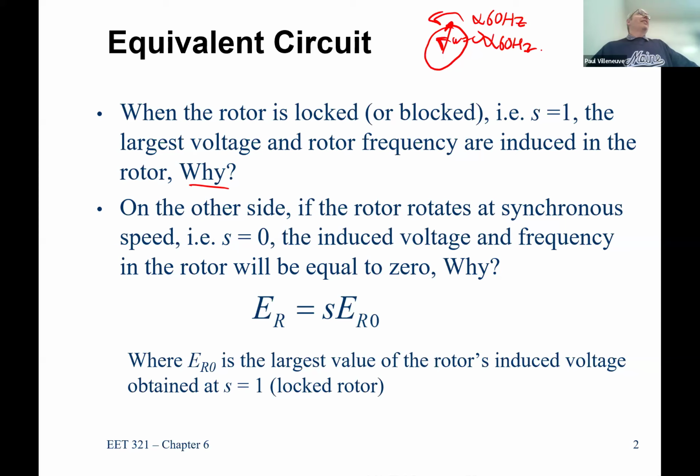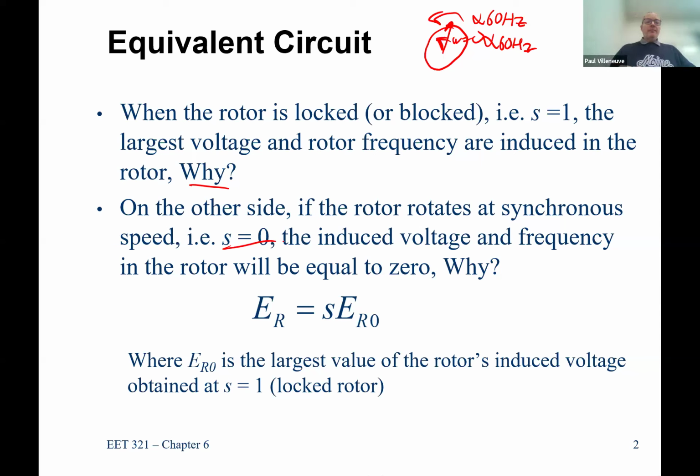After a steady state, it acts as a short. Yeah, an inductor looks like a short circuit in steady state. Why does it? Because it's no longer generating a voltage to oppose the changes in current. It's fixed, doesn't matter. So it's exactly the same thing for an induction motor. So you're not going to generate any current or any frequency. You get no voltage. So the other extreme is 0.